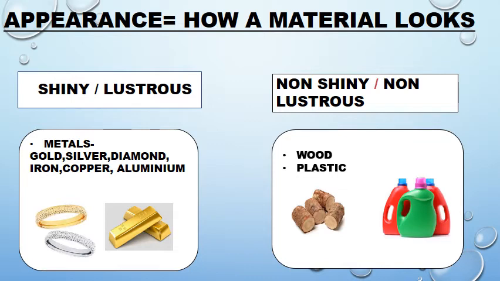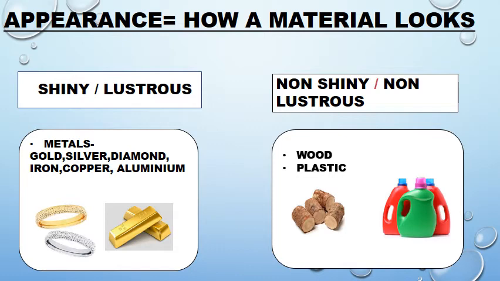So the first property which we will study is appearance. Appearance is basically how a material looks. Based on appearance, the materials are classified as shiny and non-shiny, or you can say lustrous and non-lustrous.